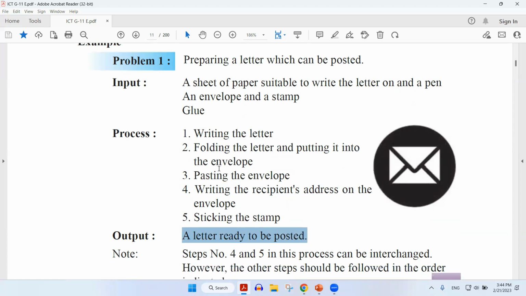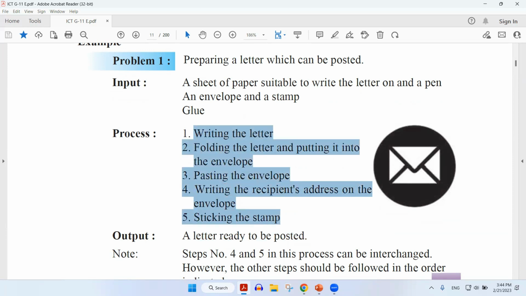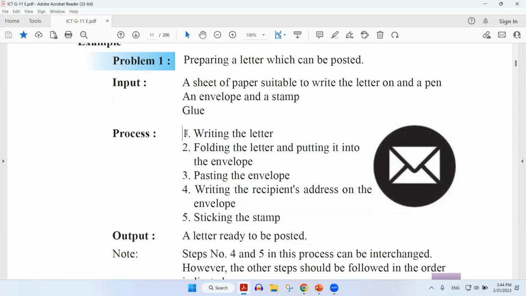As I told you, even though these steps are given in the order of 1 to 5, some of them can change their place in this process list. Writing the letter, folding the letter, putting it into the envelope and pasting the envelope should happen together, at least these two things.